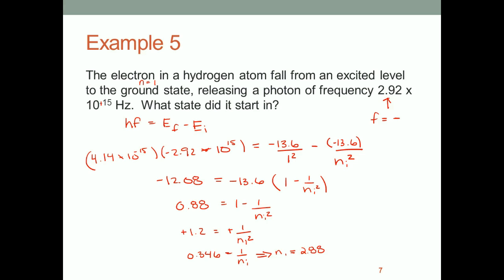But our quantum numbers cannot be non-integer. Okay, so why is it? Well, it's round-off error. If you had to guess, would it be 2 or would it be 3? I hope you all can think here that this actually is meaning that the starting state was n equals 3.